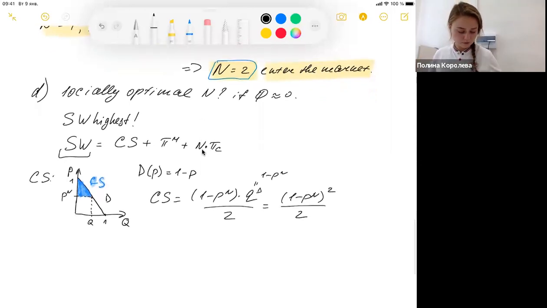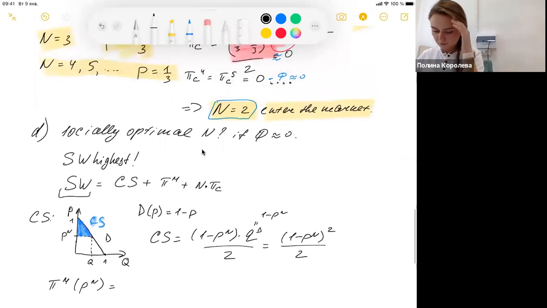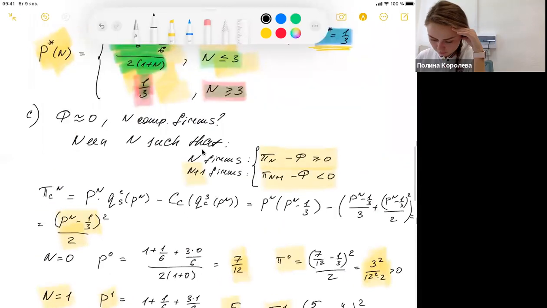Profit we counted. Profit of monopolist, okay, we can count it anyway, as a function of price.